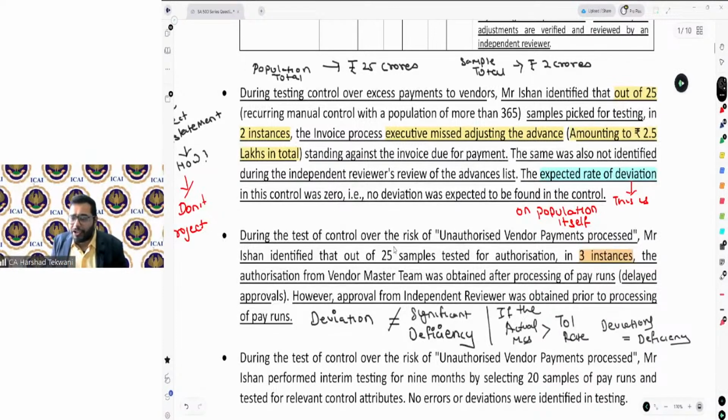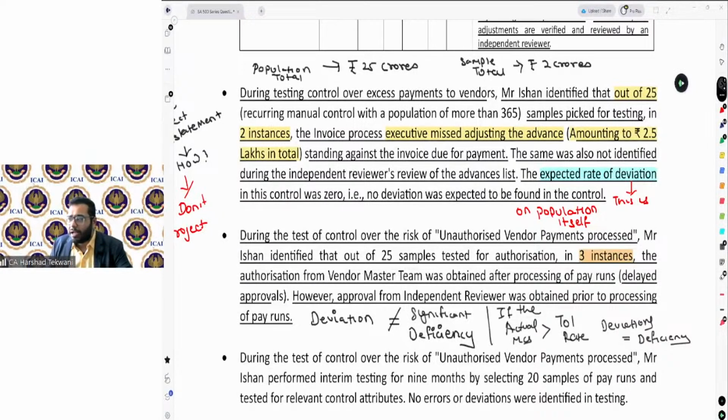Now, when will a deficiency become a significant deficiency? If you read SA 265, which talks about communicating deficiencies in internal control to those charged with governance, it clearly specifies when I will call a significant deficiency.